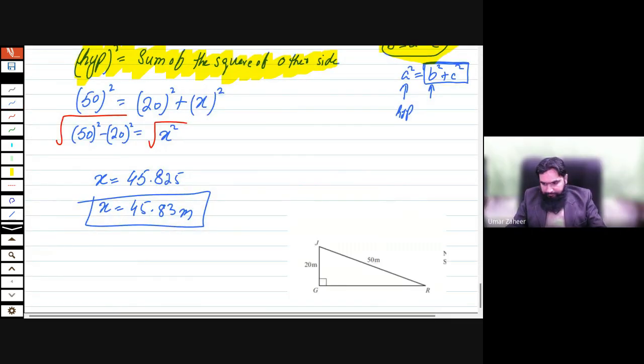He is going to give you a triangle. Let's say it is triangle ABC. He says that the sides are 5, 4, 3, let's say.